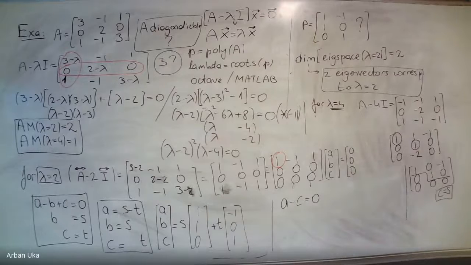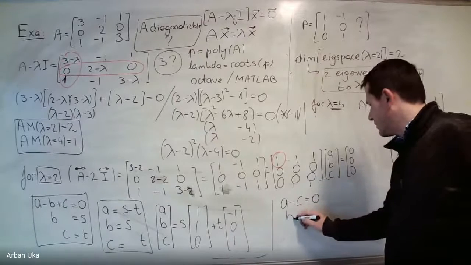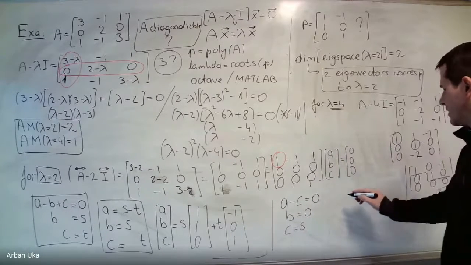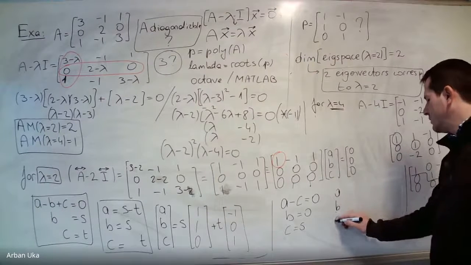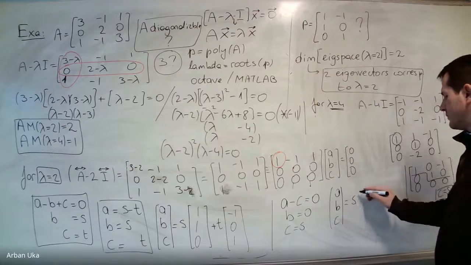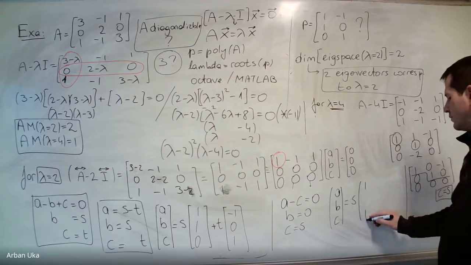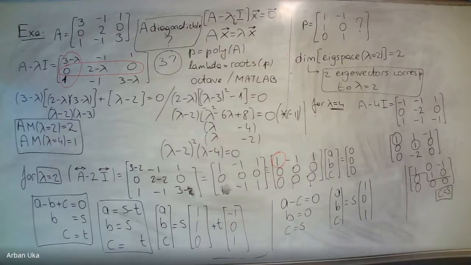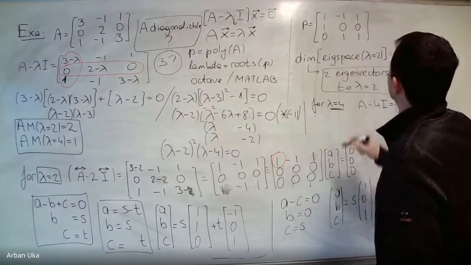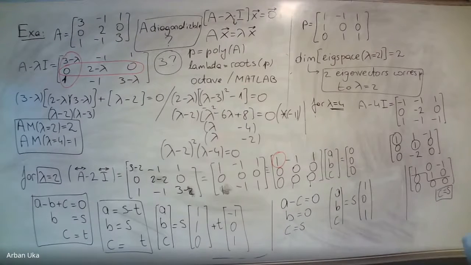Then we have B is equal to 0, so B is clearly equal to 0. And C is equal to S. Then we say that the vector ABC is equal to a variable S times 1, 0, 1. Okay.